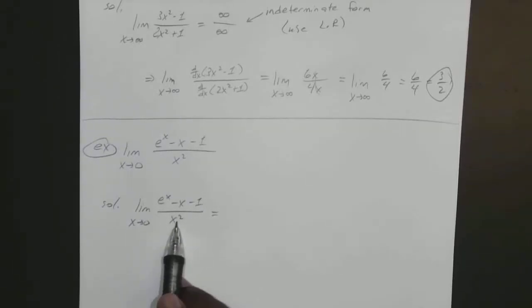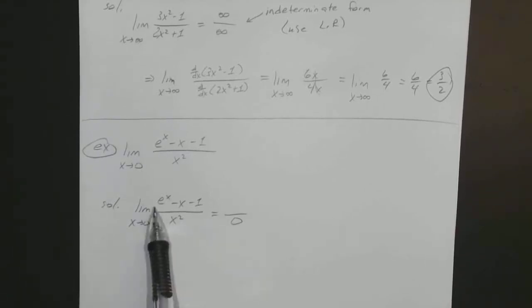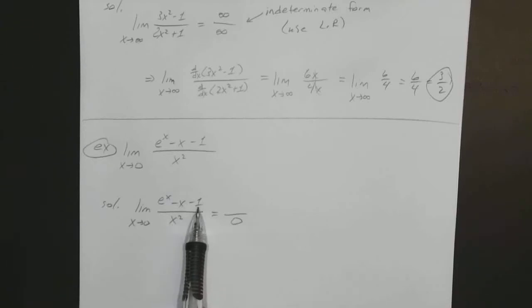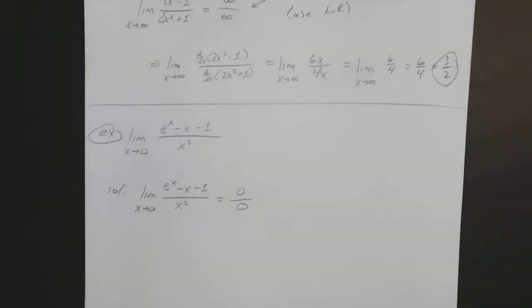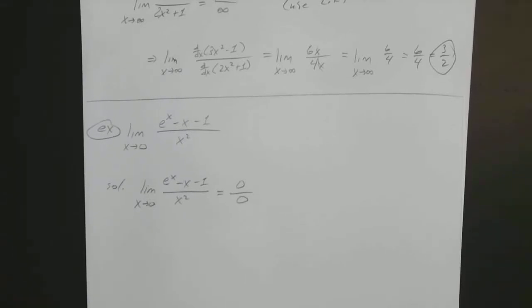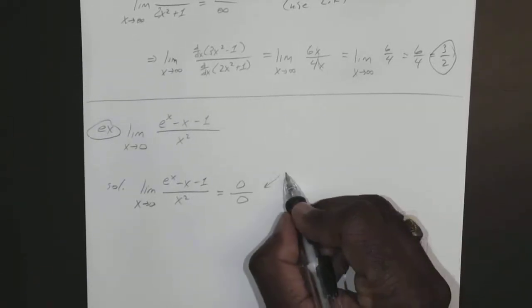If we plug in 0 for our denominator, we just get 0 squared, which is 0. If we plug in 0 on our numerator, anything to the power of 0 is just 1. So you have 1 minus 1, which is 0. Which means we have an indeterminate form, so we can use L'Hopital's rule.